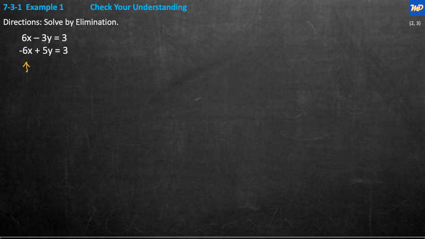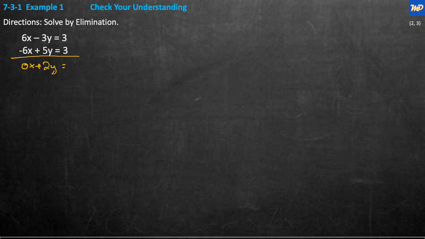If we add them together, we're going to get 0x plus 2y, because 5y minus 3y is plus 2y.